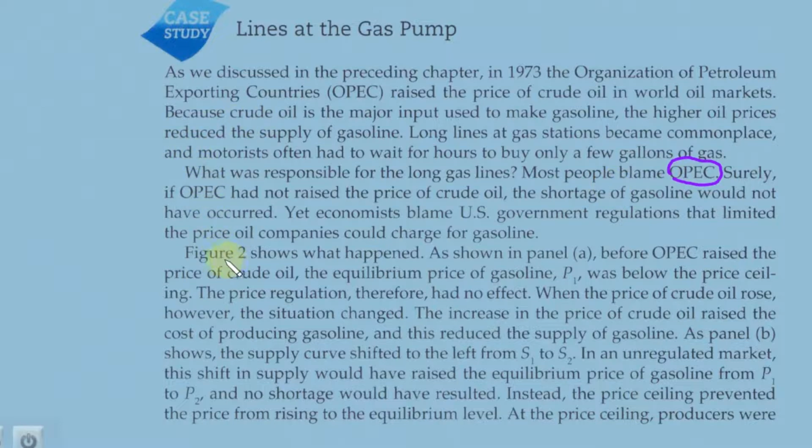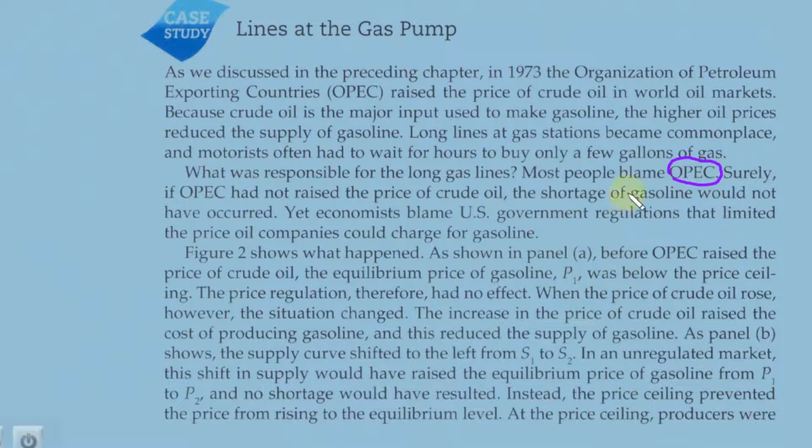Now in Figure 2, we will see the summary. Figure 2 shows what happened. Before OPEC raised the price of crude oil, the equilibrium price of gasoline, the point P1, was below the price ceiling.